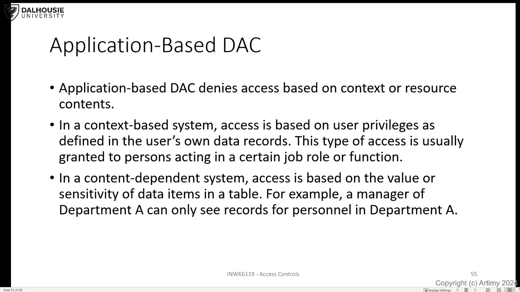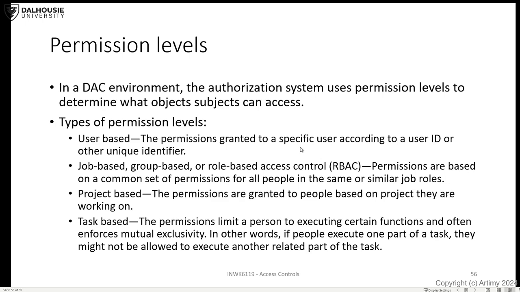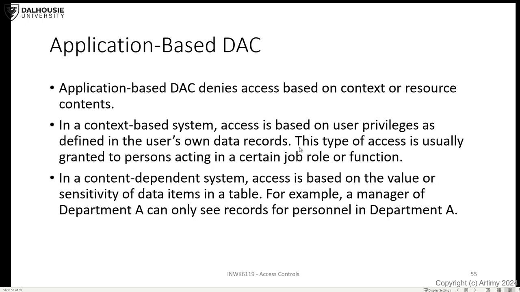So content dependent and context dependent are all different types of restricted interfaces and also belong to the category of application-based discretionary access control. Right. So there is an overlap in the idea here.